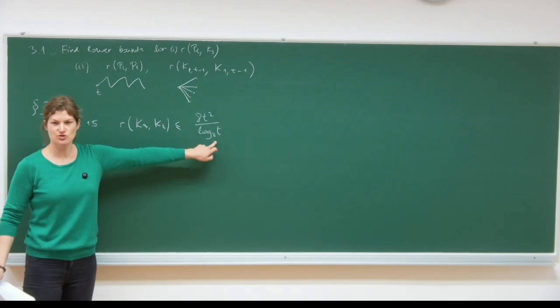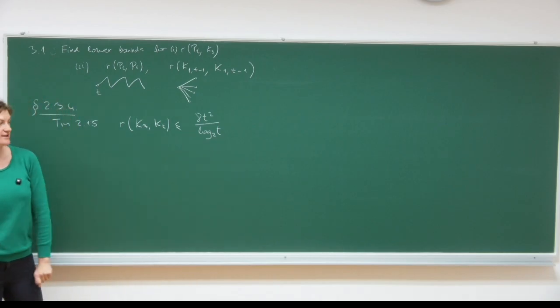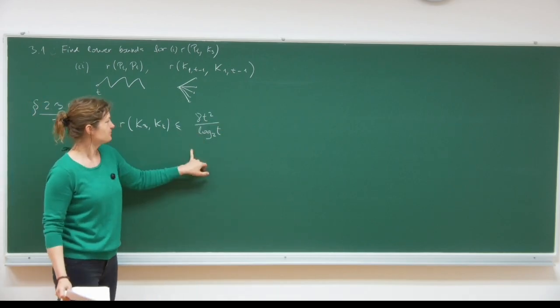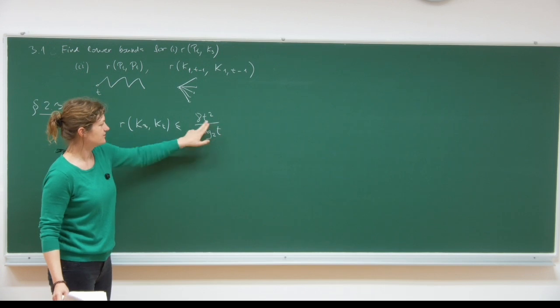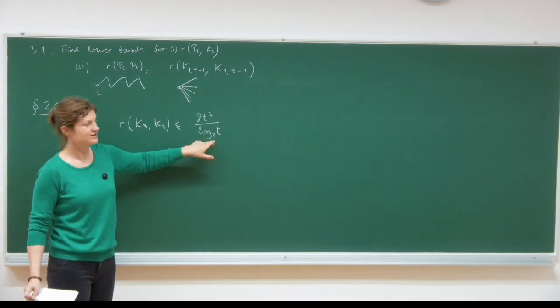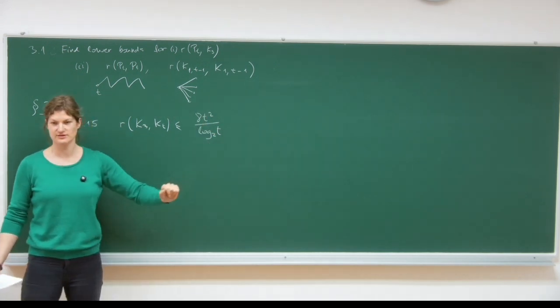This base 2 is not super important, but we'll be using it today in the calculations. The important part is this logarithmic improvement on the trivial bound. The trivial bound is t squared.